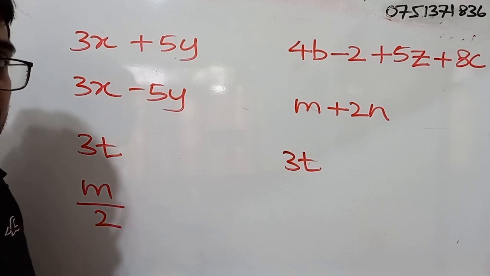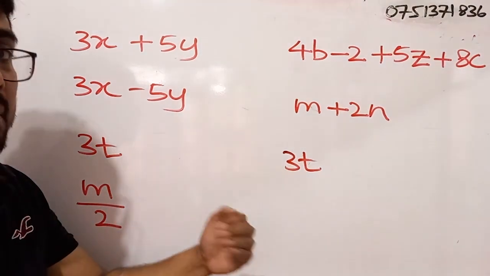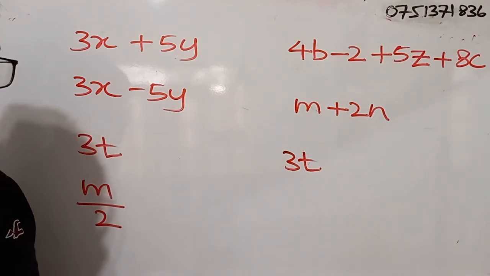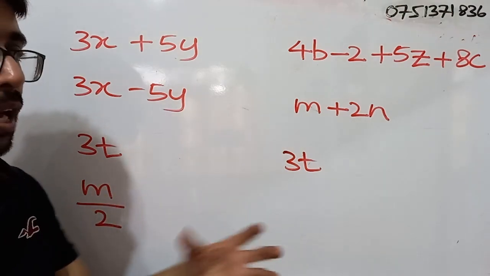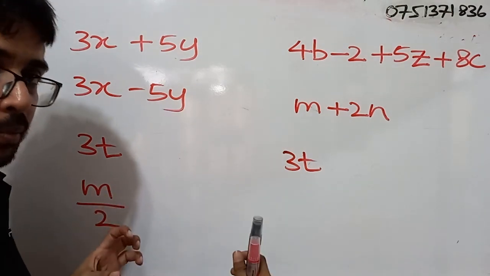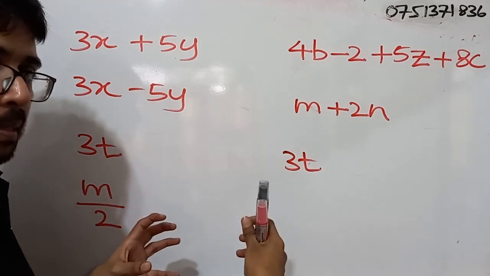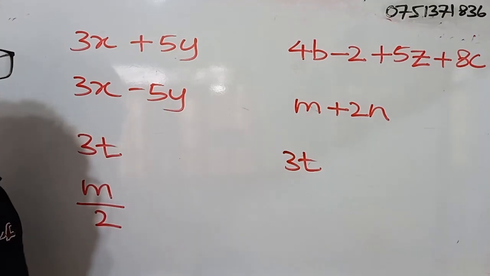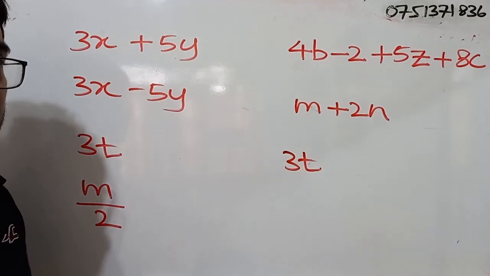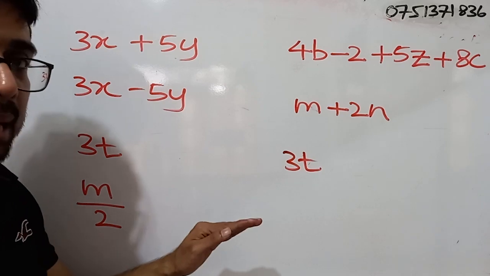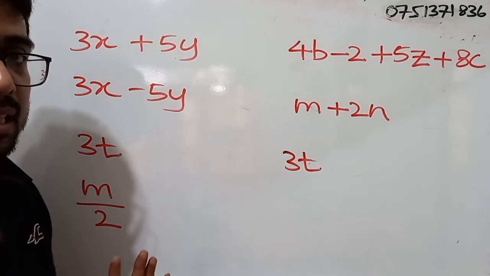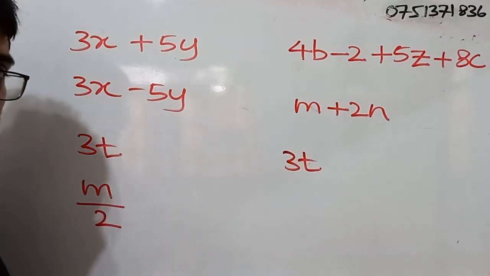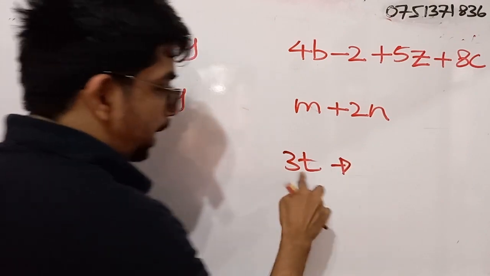But sometimes we can observe multiplications and sometimes divisions. So 3t, right? We know what the idea is here?